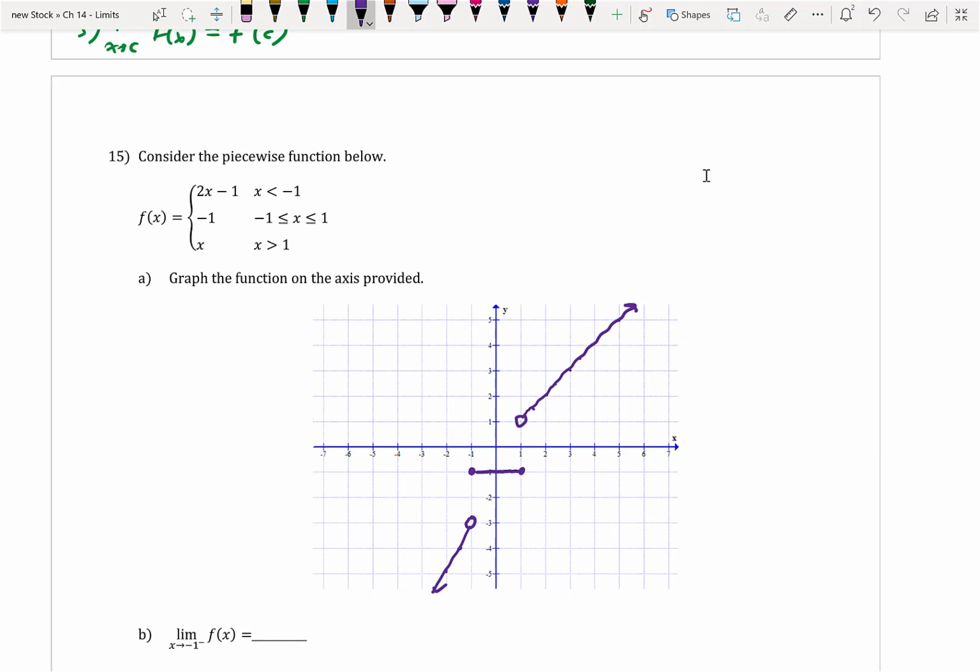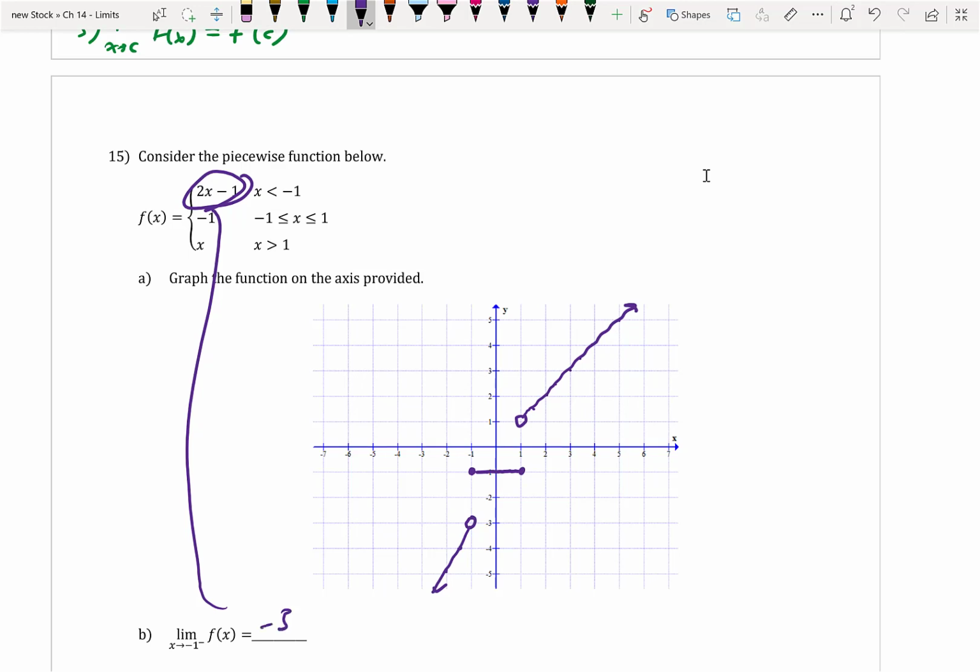The graph is there just as a visual tool. You actually should be able to answer these questions without the graph and just by looking at the piecewise. So I want you to try to do that and use the graph as just a visual aid. For instance, as we approach negative 1 from the left, what I'm truly looking at is this piece right here. Approaching negative 1 from the left is just a substitution.